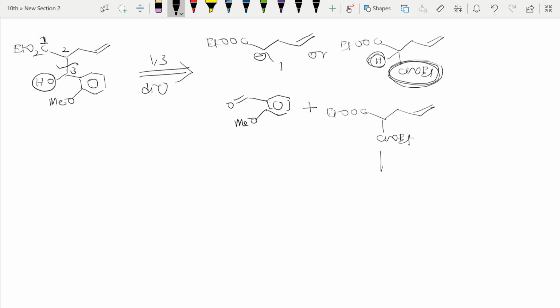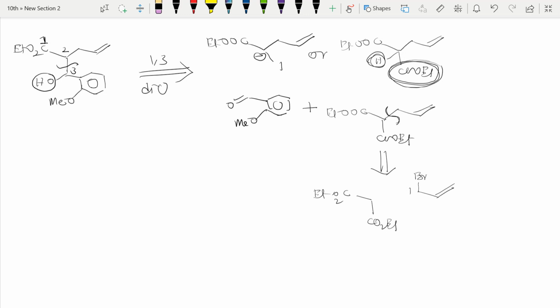Further I can disconnect it like this here, because this proton will be acidic. So CO2Et, COEt or CO2Et, both are the same. Here also CO2Et, right? And one more will be here. Instead of writing plus, I can directly write Br here, by making this positive charge neutral.